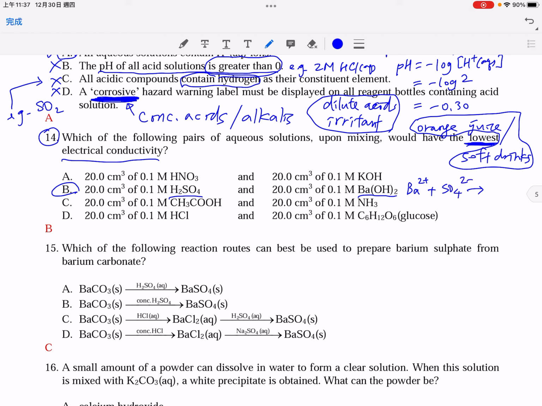The precipitate is of course barium sulfate precipitate. Once the precipitate is produced, the concentration of ions will decrease significantly, and therefore the electrical conductivity will be the lowest. So that's the end of part 1 of this video clip.